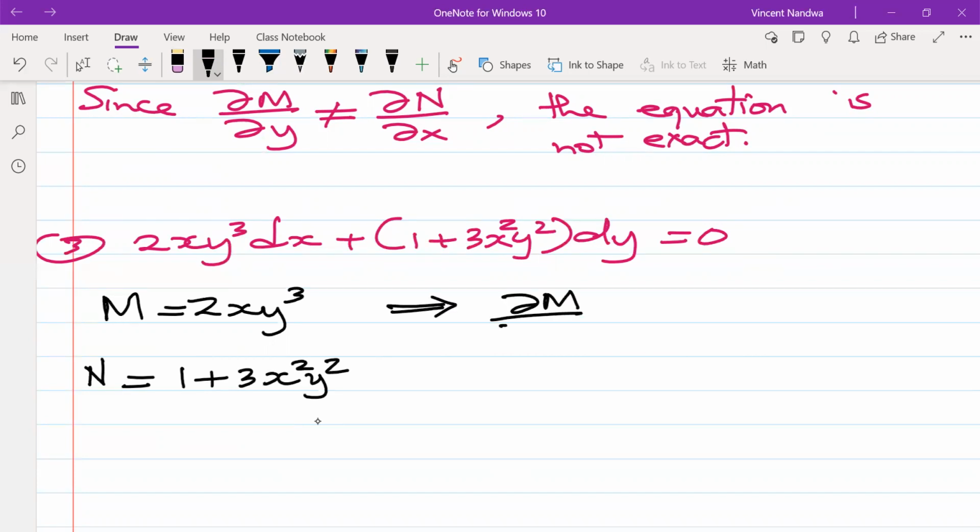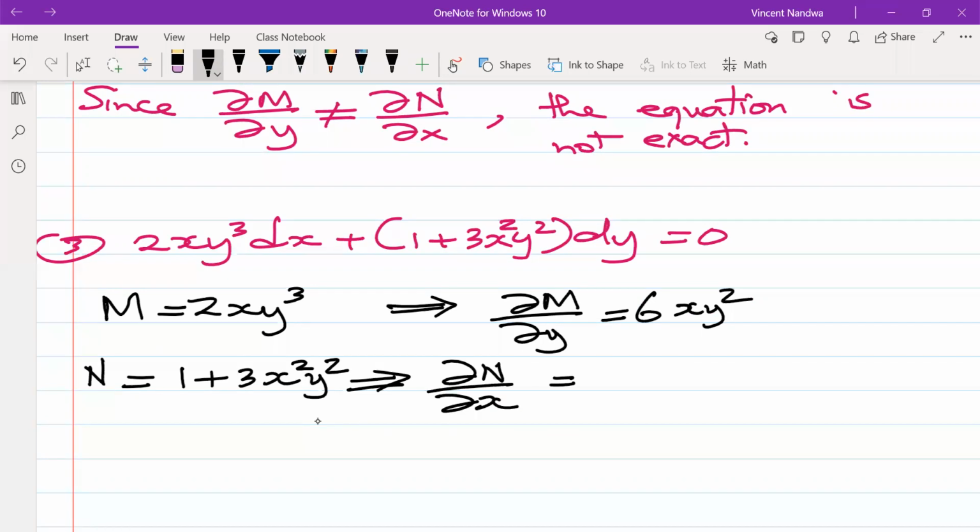So partial M partial y would be given by 3 times 2 is 6, and then x y squared. And then from N we get partial N partial x, which will give us 2 times 3 is 6x y squared.